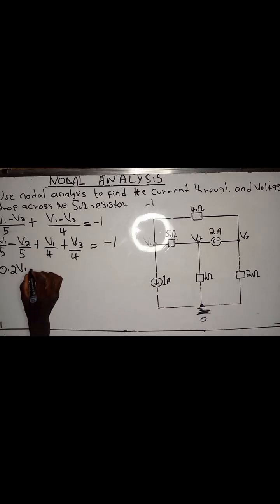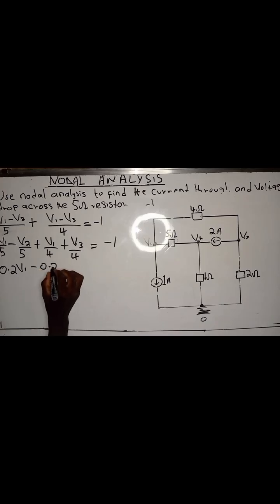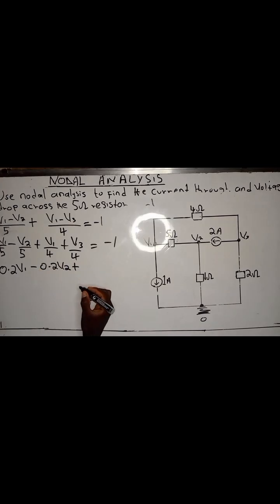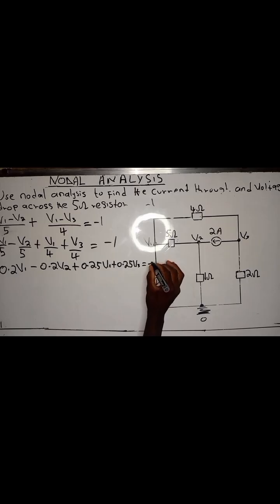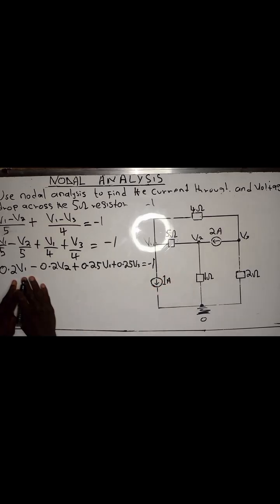Minus 0.2 V2 plus 1 over 4, and 1 over 4 is 0.25 V1, minus 0.25 V3, which is equal to minus 1. So I have to add the like terms.